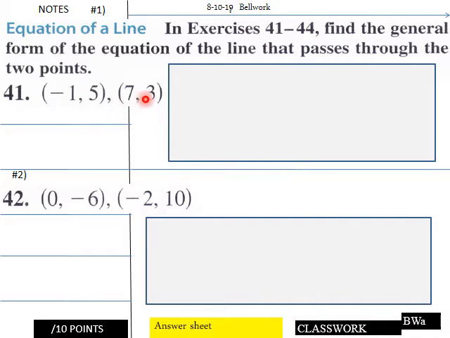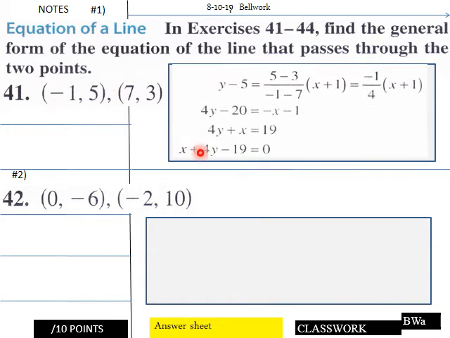We have -1, 5, 7, and 3. Find the general form of the equation of the line that passes through these 2 points here. So for 41, we need our slope here. Here's our slope calculation. And we have y minus 5, so we have y minus y1, which we're going to call x1, y1.